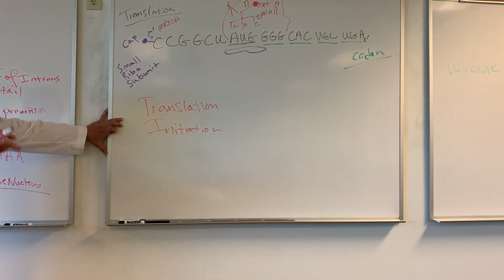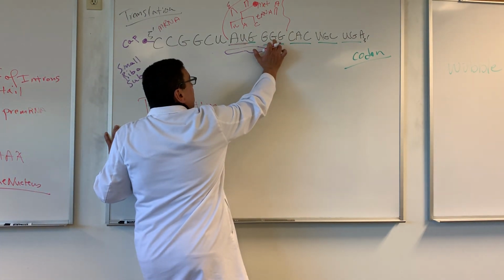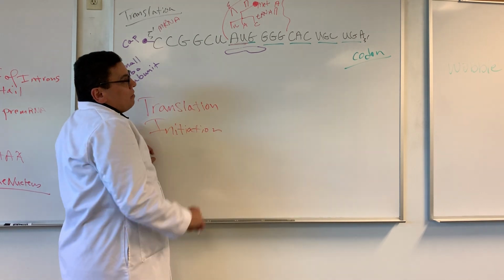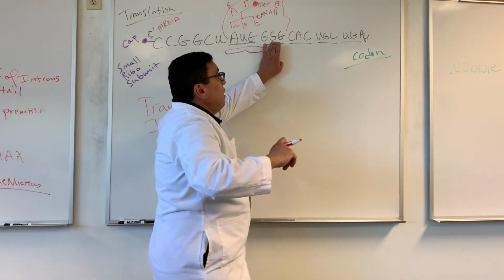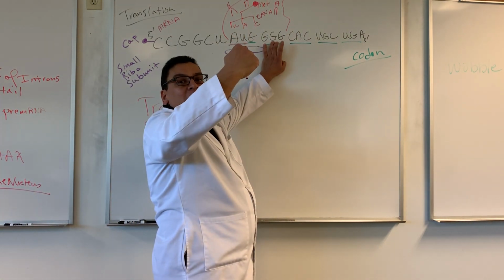Good. The next event is going to start translation what? Elongation. That's when the ribosome reads this GGG, the codon. The next codon is going to be read by the ribosome, GGG. And it says, hey you, tRNA, with the license plate, what?